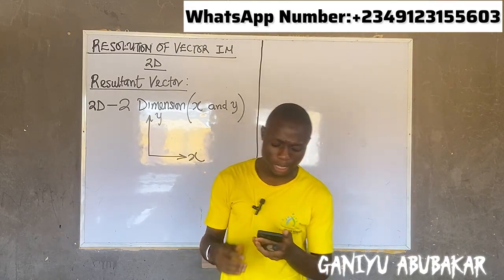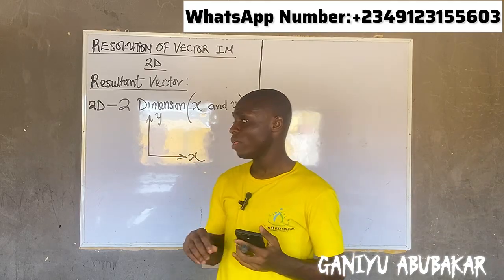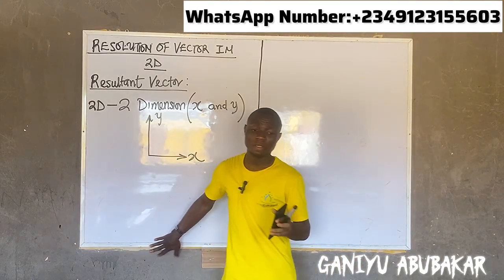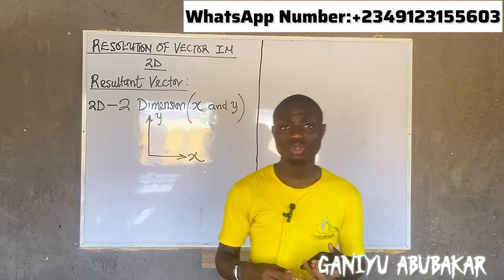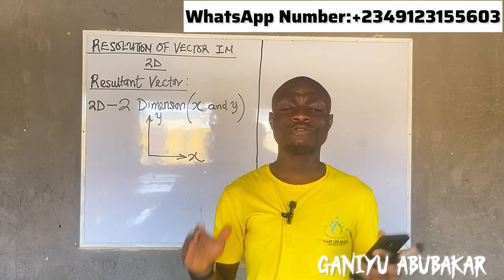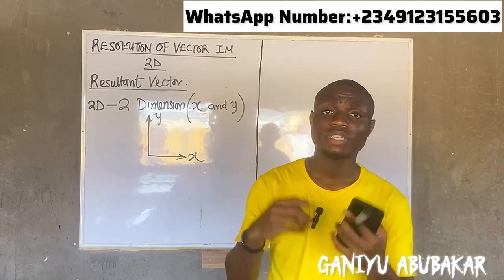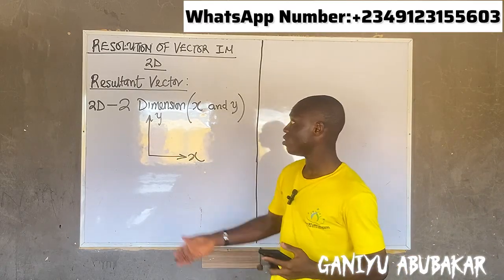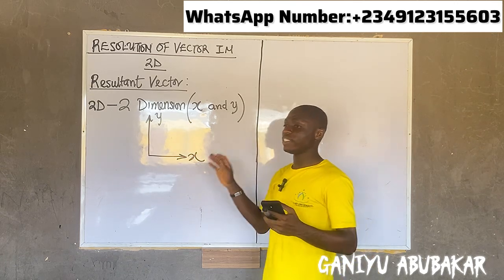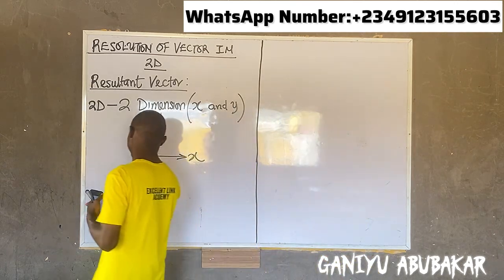At this junction, let's proceed further. We will look at two cases, case 1 and case 2. From these cases, we'll also look at several formulas you should be familiar with, and then we'll solve several past questions in the study of resolution of vector. So let's start with case 1.